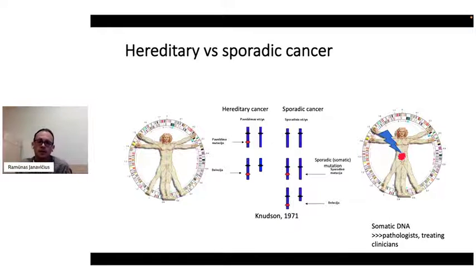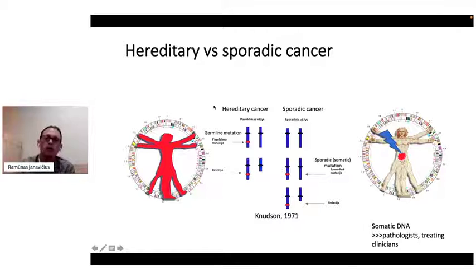On the other hand, in the case of hereditary cancer, from the initial stage, from the zygote stage, we have a maternal mutation, and all nuclear cells will have the initial mutation.